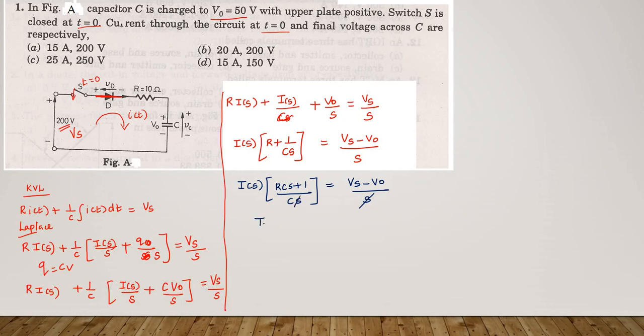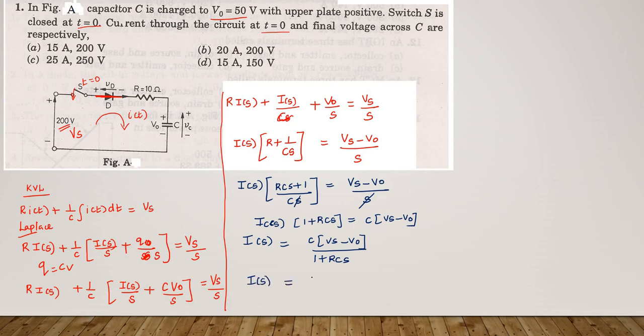Both the s get cancelled. Now I have to cross multiply this. I(s) into 1 plus RCs equal to C into Vs minus V0. Next, I(s) equal to C into Vs minus V0 divided by 1 plus RCs.